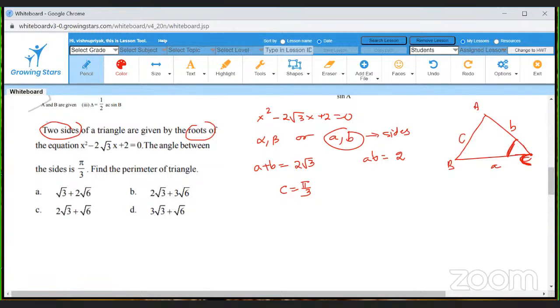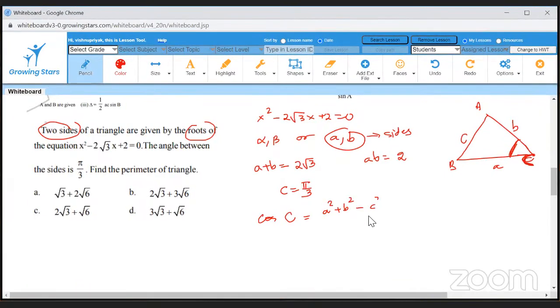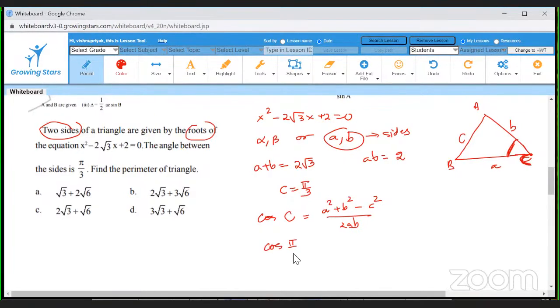Now, you can use the cosine rule. Cos C is (A square plus B square minus C square) by 2AB. So cos C is pi by 3.